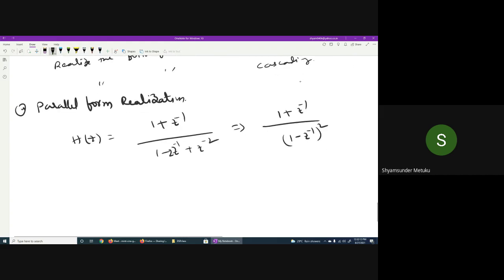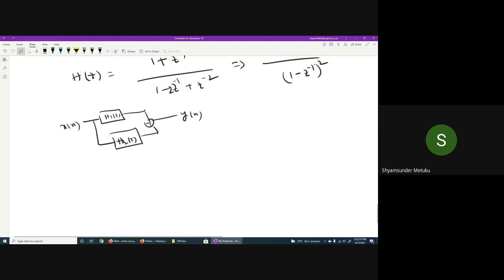Now it has to be written as h1 of z and h2 of z, parallel form, both will be added. This is your final y of n. My job is to find out what h1 and h2 are. For that, what I got is 1 plus z power minus 1 over 1 minus z power minus 1 squared.